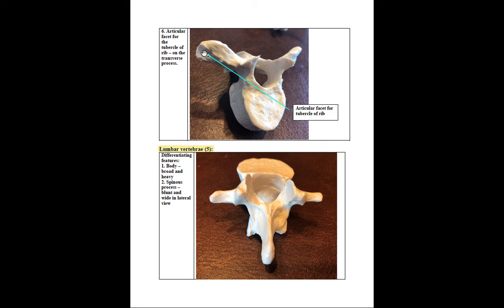Also, the rib is going to articulate here. This is called the articular facet for the tubercle of the rib. And this articular facet, again, we'll go through the rib in just a minute, but this is where the tubercle of the rib is going to hit on that transverse process.